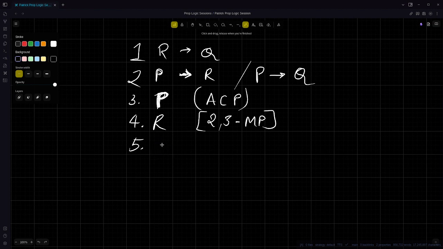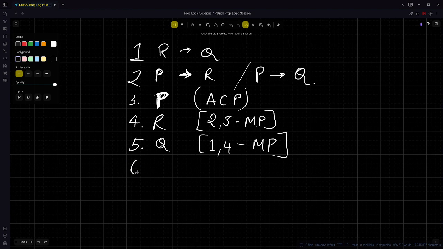Then we get Q, and this time we're doing it on the first premise and premise 4. Basically, we started with P and we have reached Q.